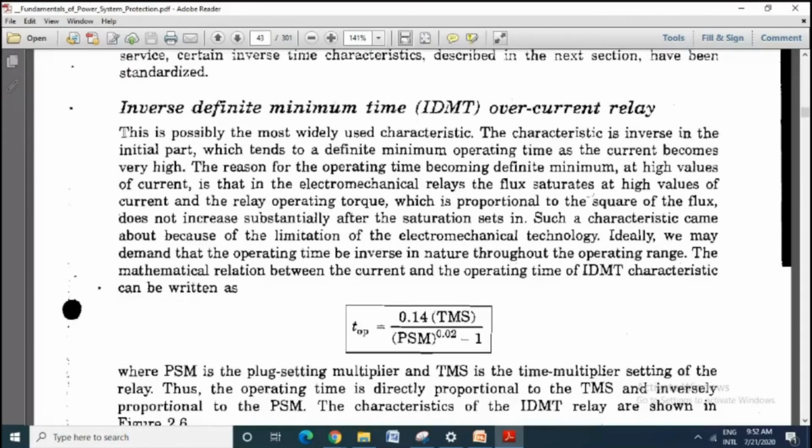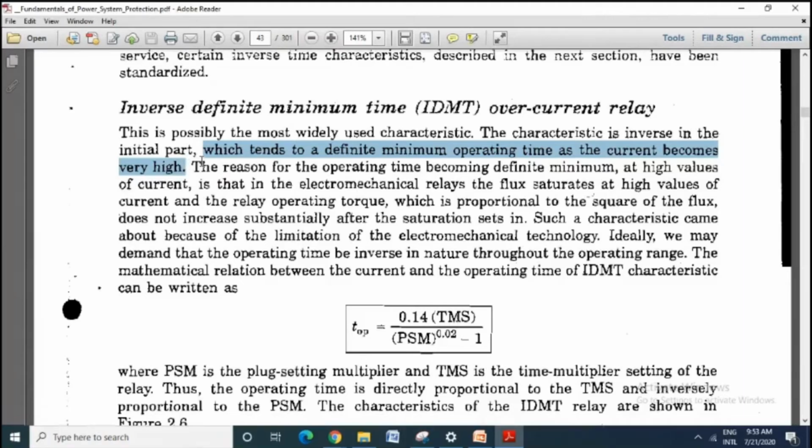With these lines over here, this is possibly the most widely used characteristic. So keep this in mind. This is the most widely used characteristic. The characteristic is inverse in the initial part, that is what we have discussed, that in the starting or initial part the characteristic is inverse, which tends to a definite minimum operating time as the current becomes very high.